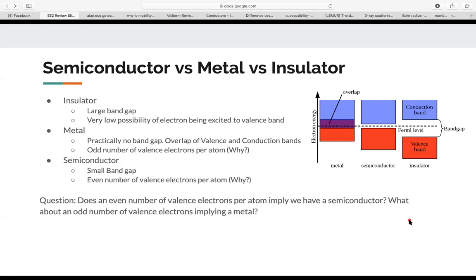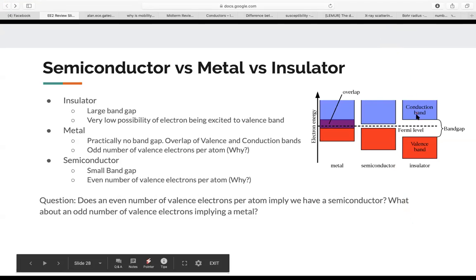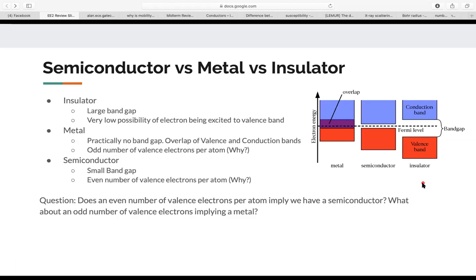atoms and create an overall neutral shell and fill up the 8 valence spots. But if there's an odd number of electrons in the valence band, we're going to get into a little bit of solid state physics here.